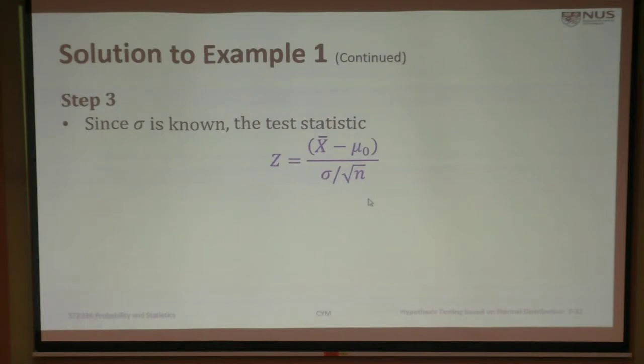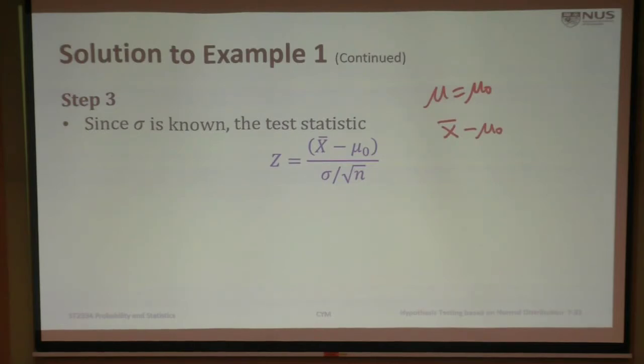How do we get this test statistic? The idea is as follows. I have a statement concerning mu, whether mu equals mu naught. So naturally, the first step is to get a point estimate of mu, which is x bar. Next, we look at the difference between these two. If this difference is big, then we suspect something is wrong.